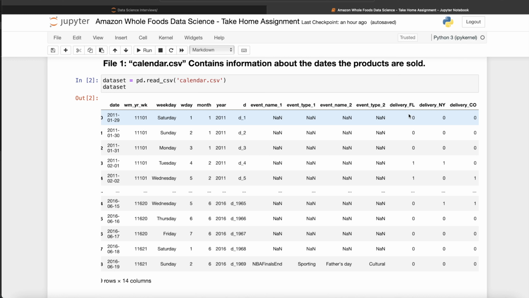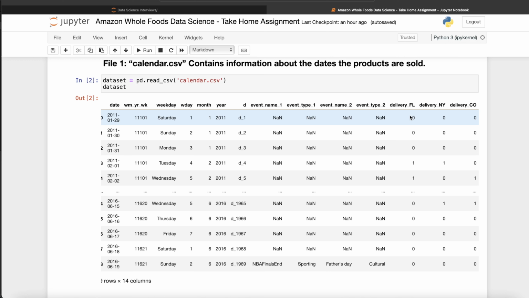So it is very possible that on one particular day a store in Florida does not provide home delivery, but on the other day it can. There is no fixed structure here. It depends upon different days, and can be based on certain aspects.